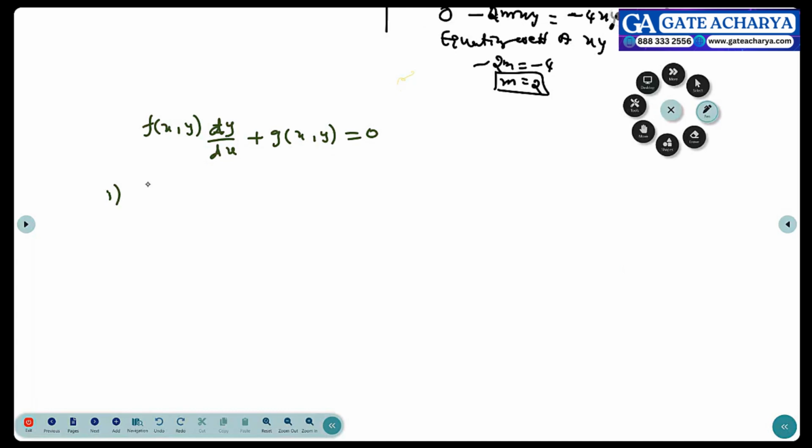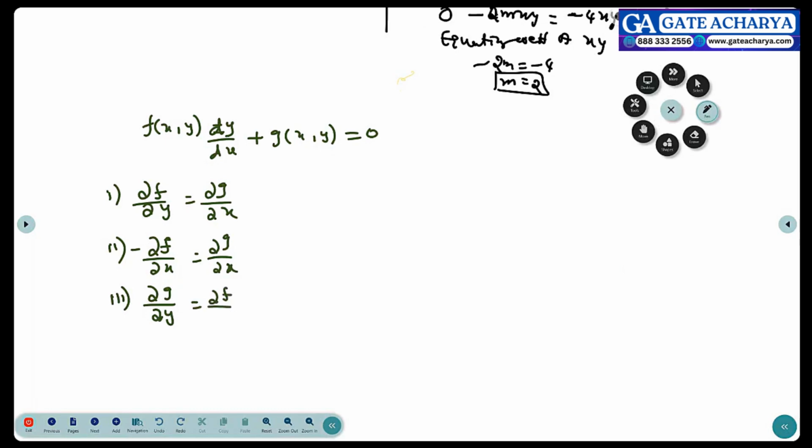The first one, dou f by dou y is equal to dou g by dou x. Second, minus dou f by dou x is equal to dou g by dou x. Third, dou g by dou y is equal to dou f by dou x. And fourth, minus dou g by dou y is equal to dou f by dou y.